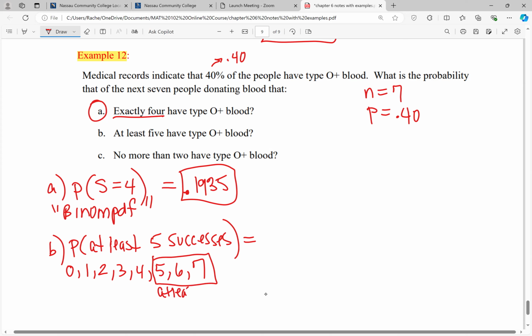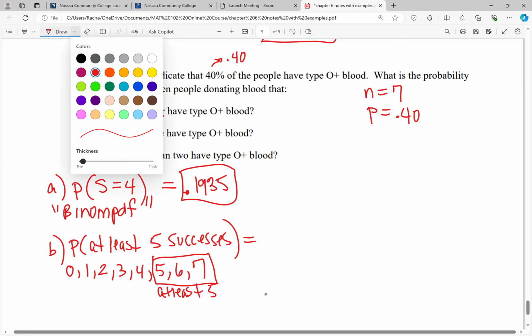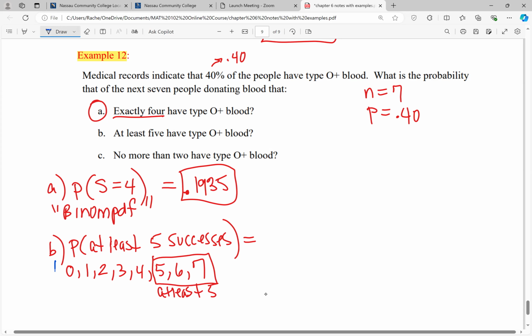But remember what I did in the other question, I could look at this from an at most perspective because I don't have an at least function in the calculator for a binomial. But I could take away at most 4 from the total probability. So this would be everything else we could write as at most 4.